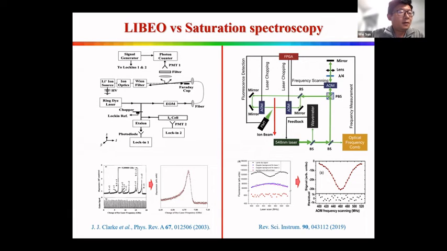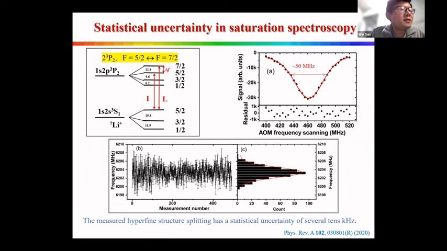So to give an example, here I show how a hyperfine interval, which is delta F in this energy level graph, was measured in our experiment. Transitions labeled as I and L in this graph were measured alternately, and the spectra were recorded as Lamb dips, like the upper right figure.